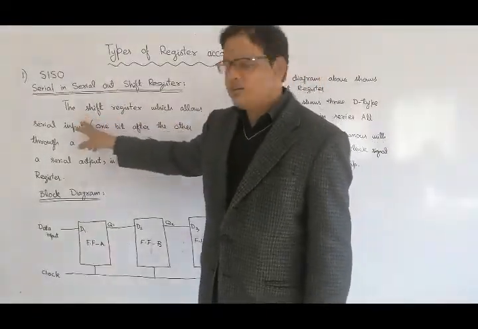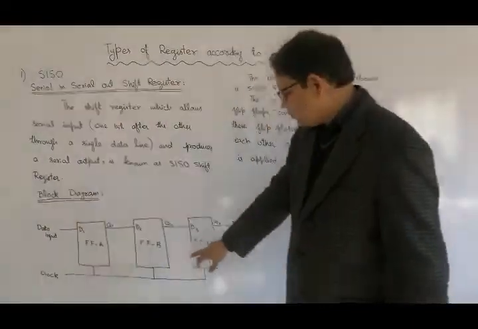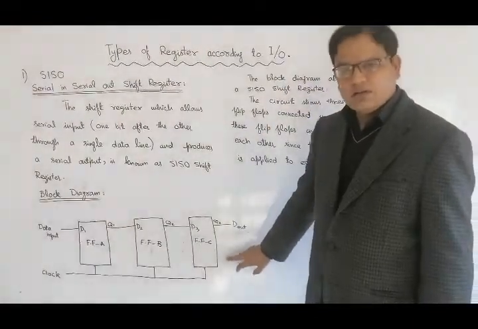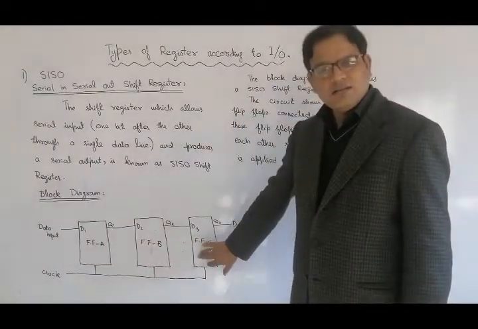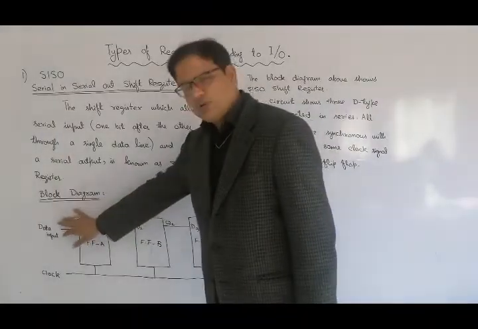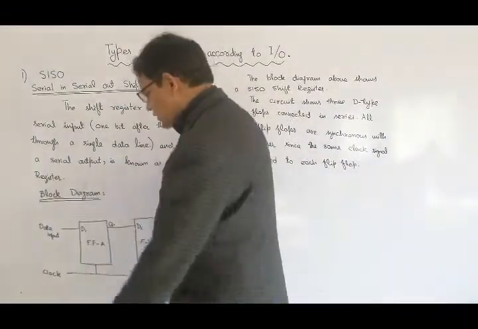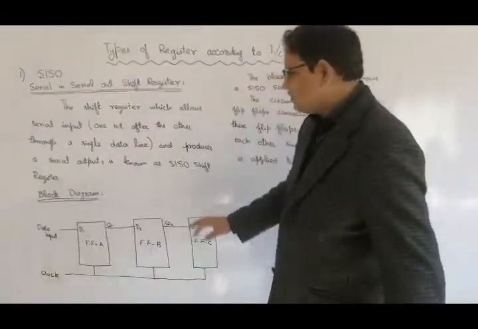What are they doing? As you are watching this block diagram, it is very clear that they are connected in series, and the input is coming from the left side to the right side.